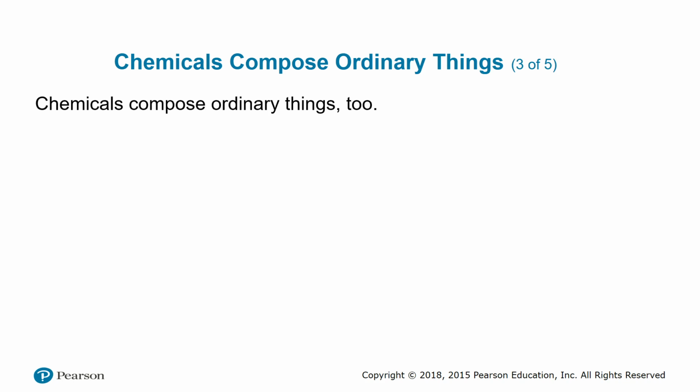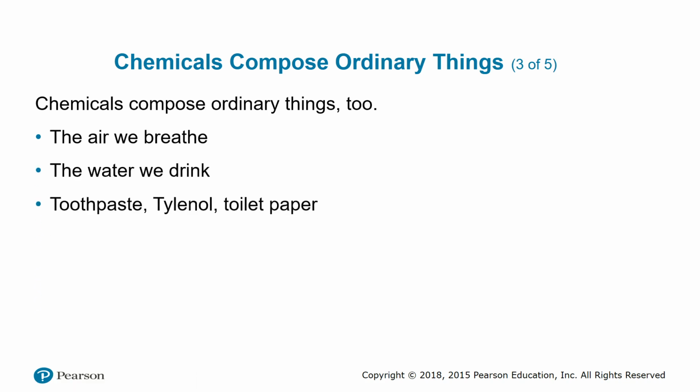All right. So, chemicals compose ordinary things that we deal with. Some ordinary things that are composed by chemicals: the air we breathe, the water we drink, things that we interact with: toothpaste, Tylenol, toilet paper. I don't know if it was this class period or whatever.